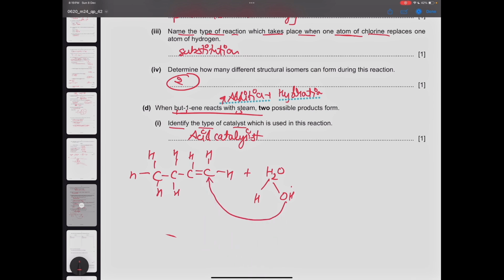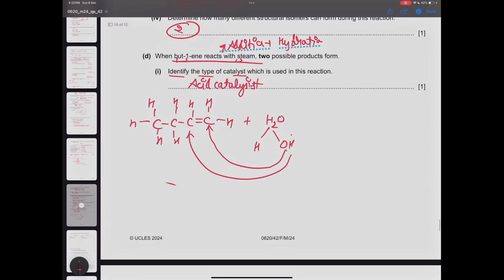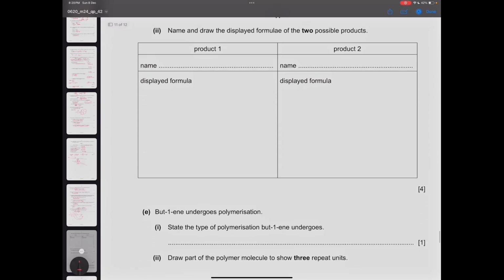Then there is a possibility it might attach to the second carbon, right? Because the double bond is present on the first and second. So we draw both. First I'm drawing OH here, then the remaining H you just need to put. This will be your displayed formula.